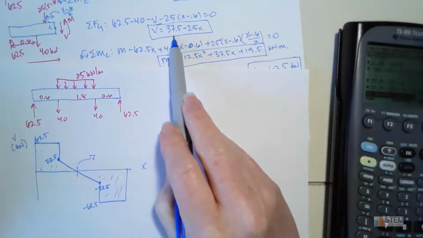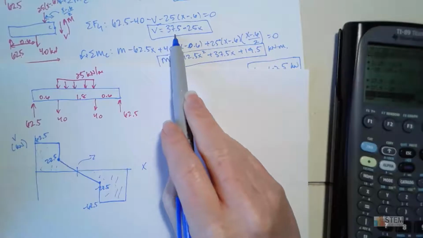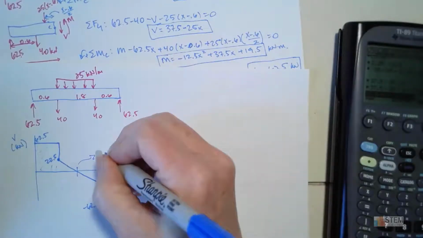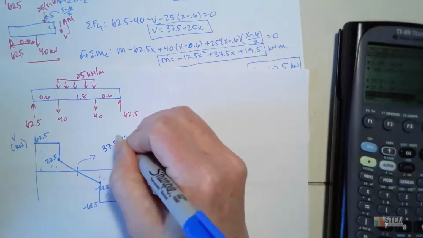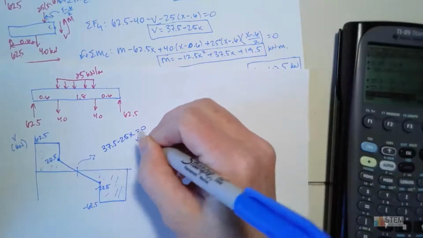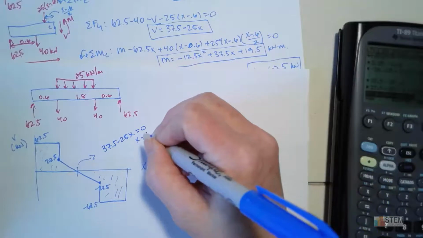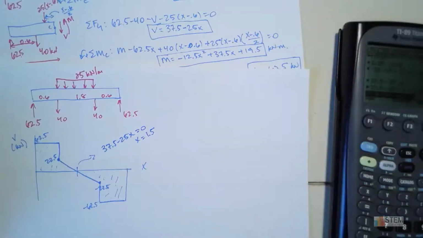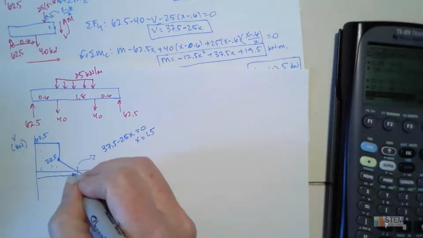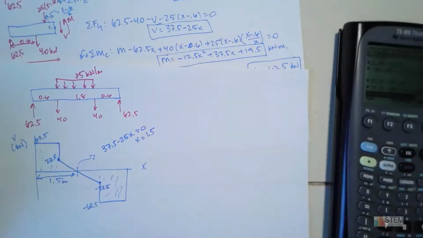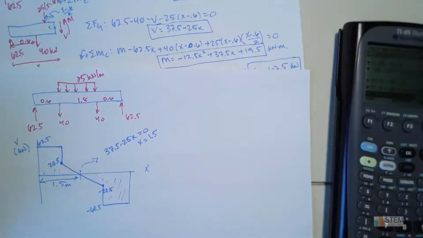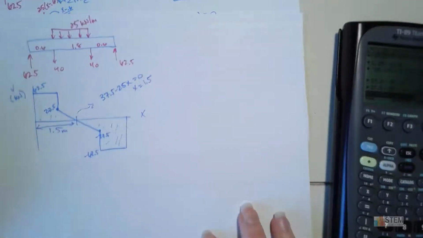So we're using section 2 here, so 37.5 minus 25 times x. And we want to set it equal to 0 and solve for x. And if you do that, you're going to get 1.5. So this distance to here is 1.5 meters. So now we've got that, and with that, we're ready to go to our moment diagram.